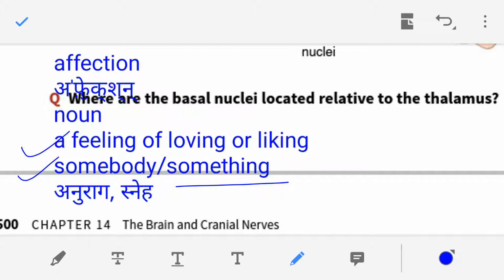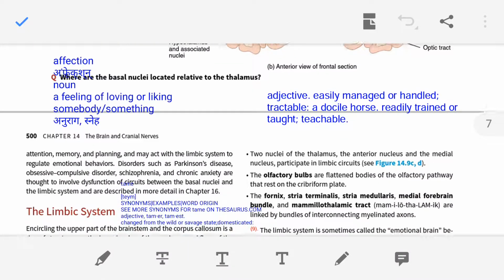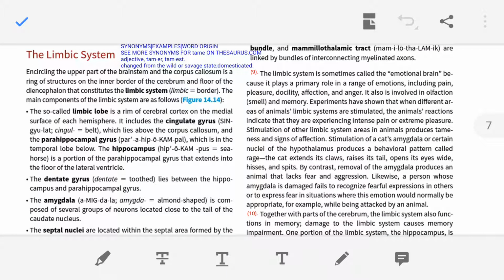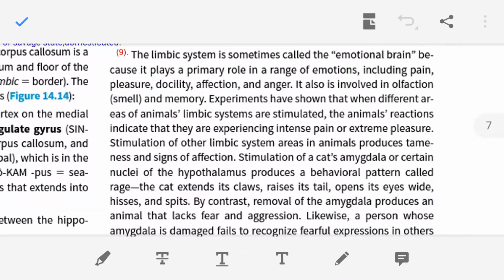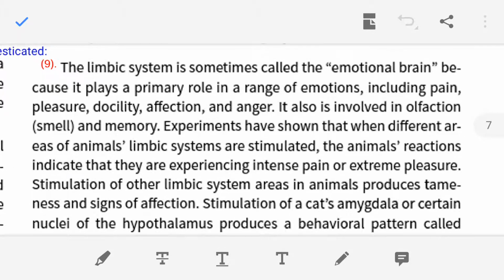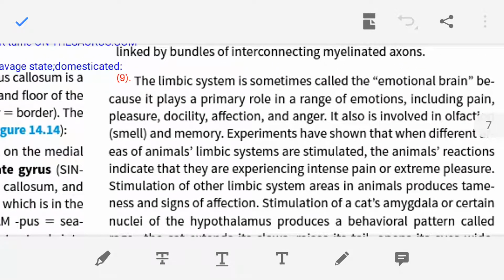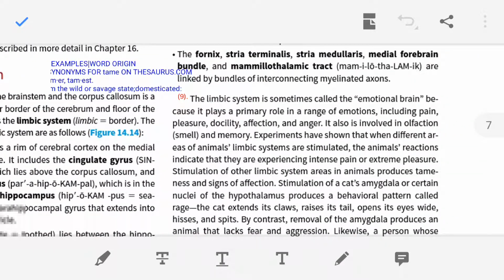Let's say a boy is attracted towards a girl, or a man is attracted toward a woman. So that attraction is the meaning, or someone falls in love with someone. For this falling in love also, the limbic system is responsible. Okay, then anger. A person becomes angry due to the limbic system.